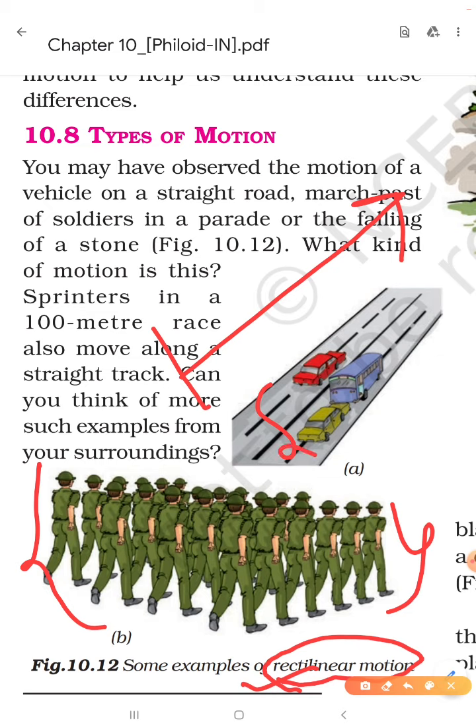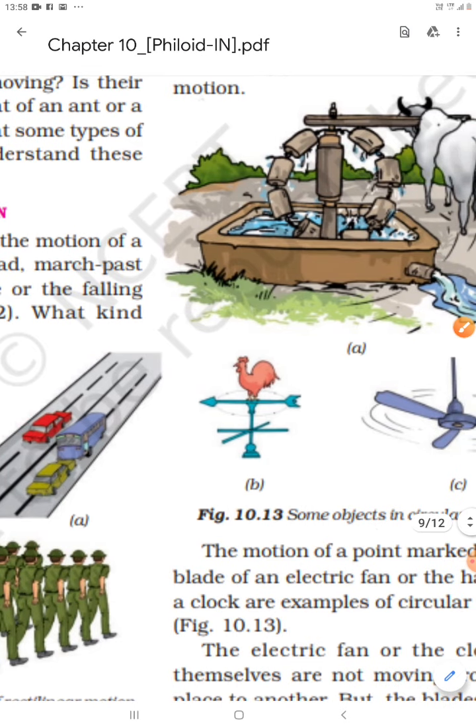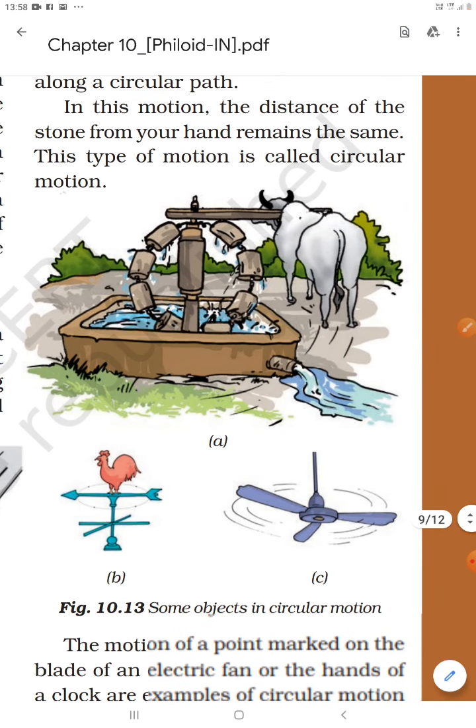In this picture we can see cars and buses moving in a straight line. When a person or an object moves in a straight path, that is called straight motion or rectilinear motion. Got it?